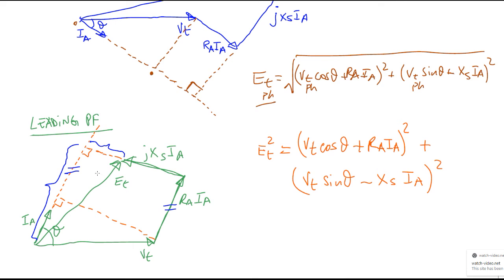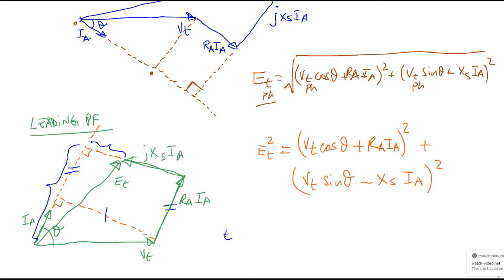Now this segment here will be equal to all this segment, and for that portion, we can take off from VT sine theta this XSIA, and that is represented here.